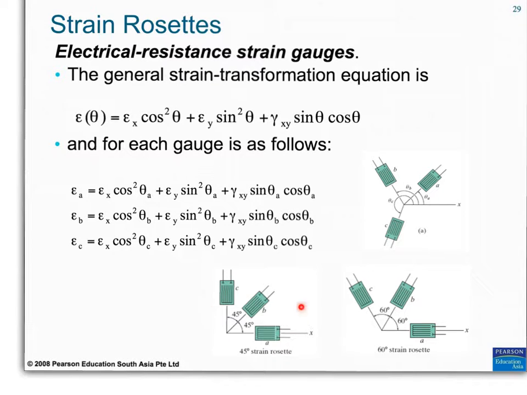So if we use a strain gauge rosette like this at 45 degrees between each of the strain gauges, and we align our x-axis, the axis in which we're going to find out strain in that direction, strain gauge A will give us that strain directly.